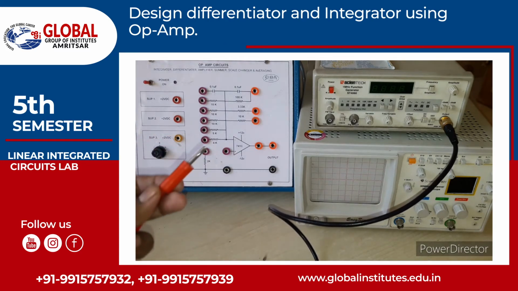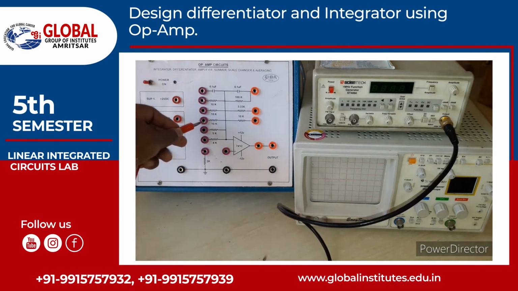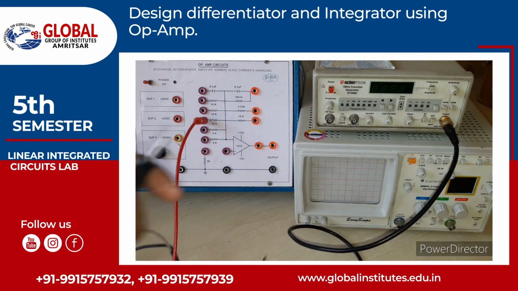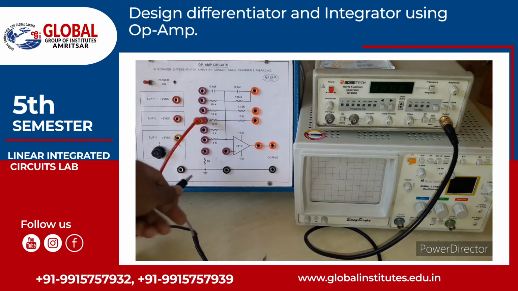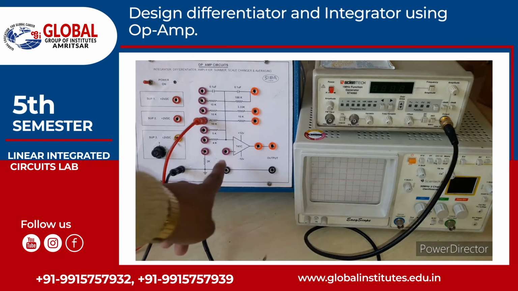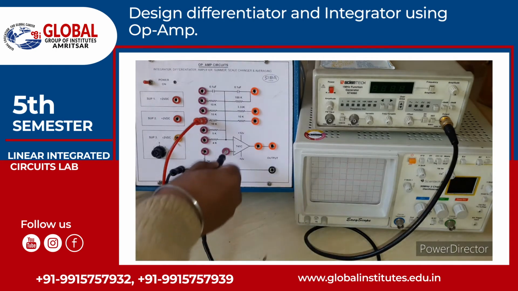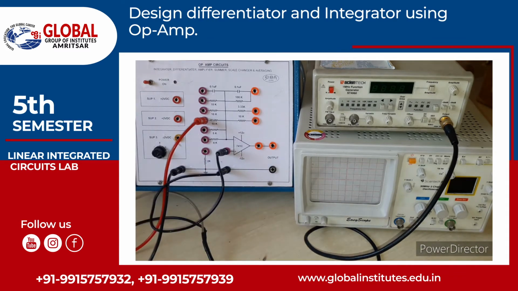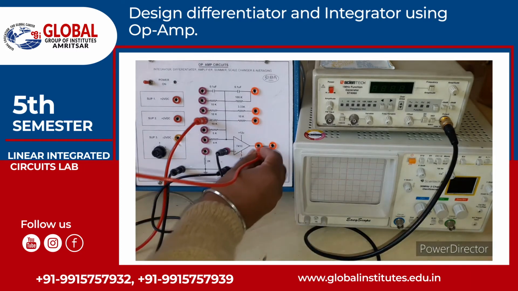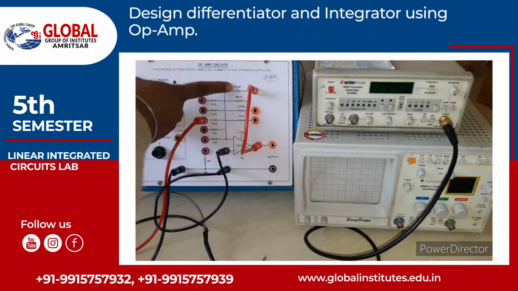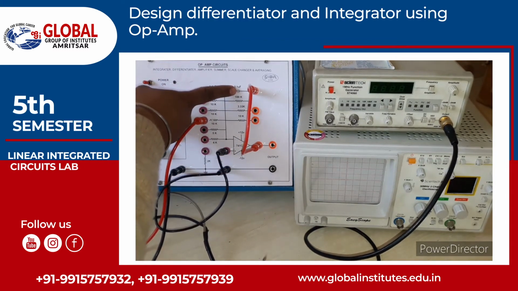The positive wire of the function generator should be connected to a 10K resistor, and the negative terminal should be grounded. The second terminal, that is the positive terminal, should be grounded this way. Feedback element, that is the capacitor: a 0.1 microfarad capacitor should be connected from the output side in the feedback path.